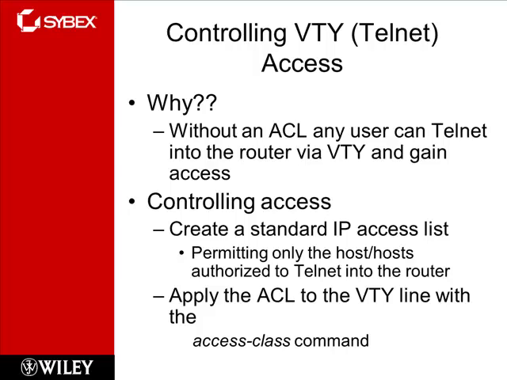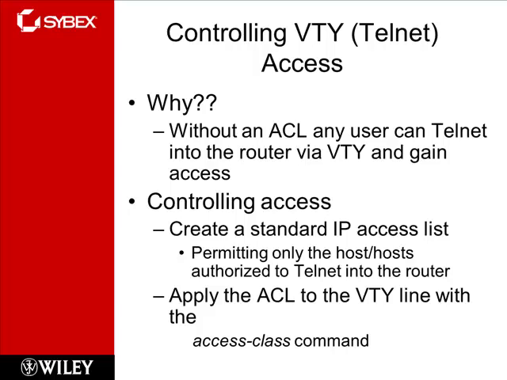Without an access control list, anybody can use the Telnet. We've talked about that one, controlling access. We can control access to our VTY ports as well as to our Ethernet ports and our serial ports, as well as to those that pass traffic. When we apply an access list to an interface, an Ethernet or a serial, it's access group.